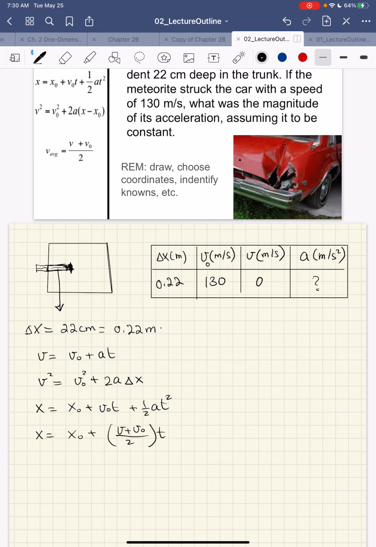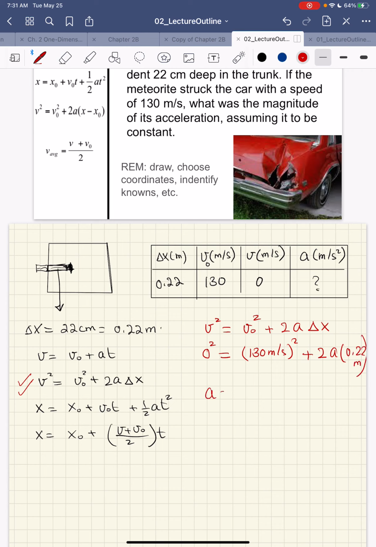And if I compare, I know that I will be using this one. This is the first step in the solution: I will choose my correct equation here. And my final velocity is 0, the initial was 130, and I don't know what a is.